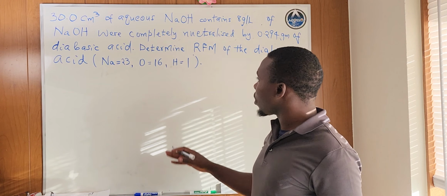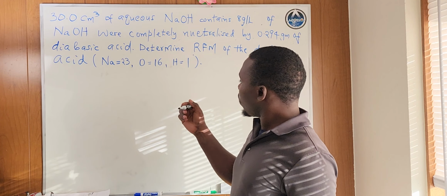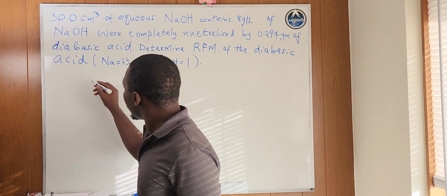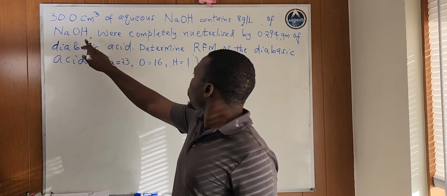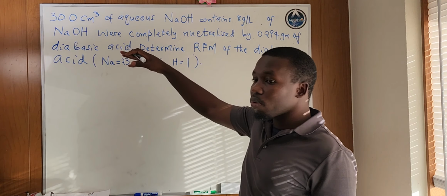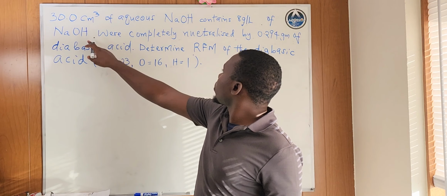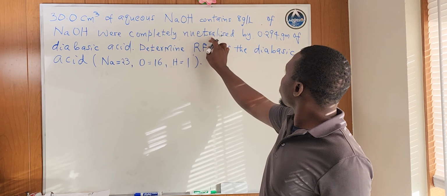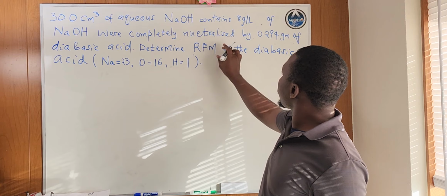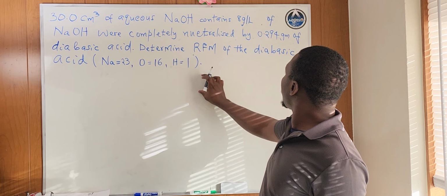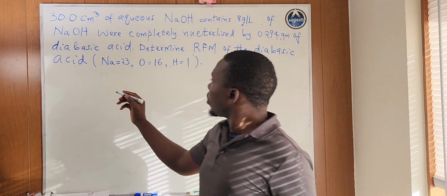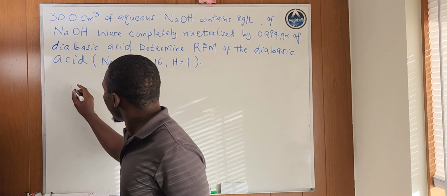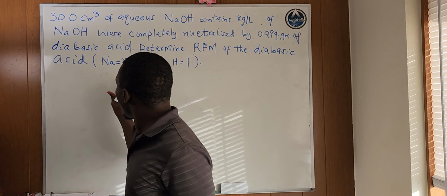When sodium hydroxide is neutralized, it forms a salt plus water. So this is sodium hydroxide, and we are reacting it with an acid.